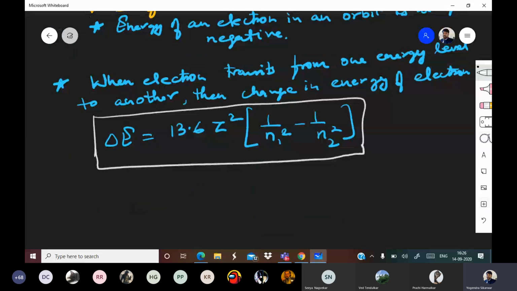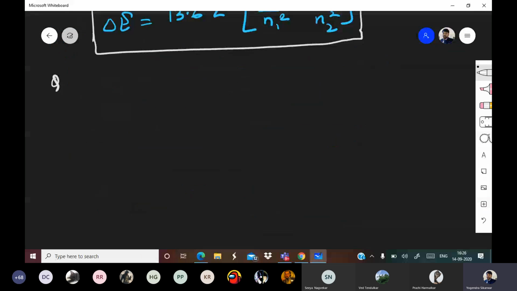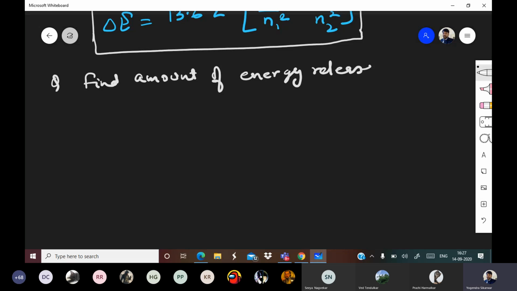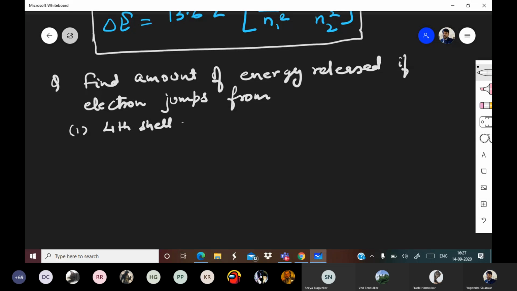Okay. Question. Find amount of energy released if electron jumps from number 1, fourth shell to first shell of hydrogen.